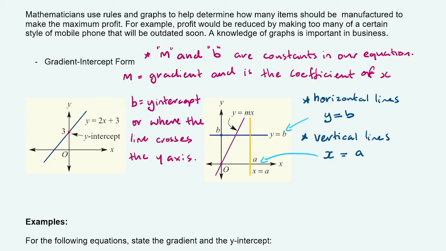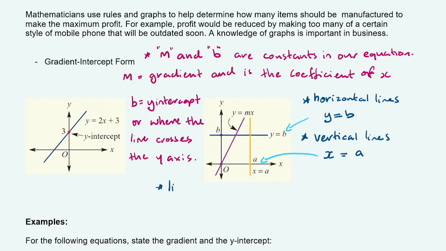Now, the only other one that we've got there is our line that passes through the origin. If we have a line that passes through the origin, there's technically no y-intercept, or the y-intercept equals 0. So we don't have to include it in the equation when it equals 0.